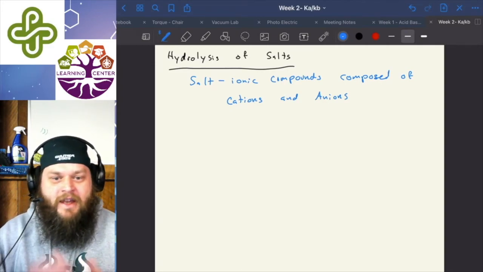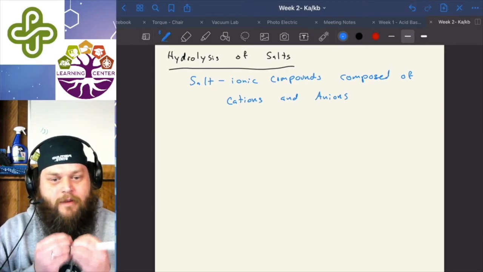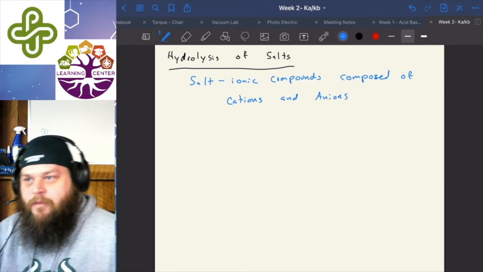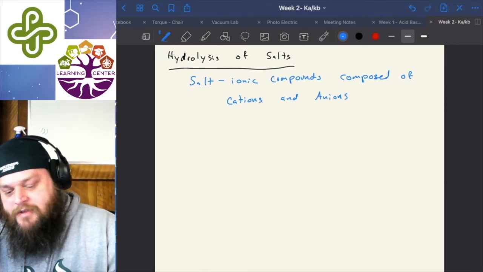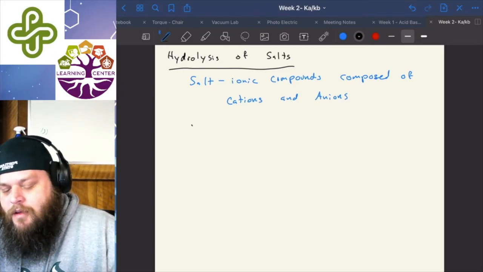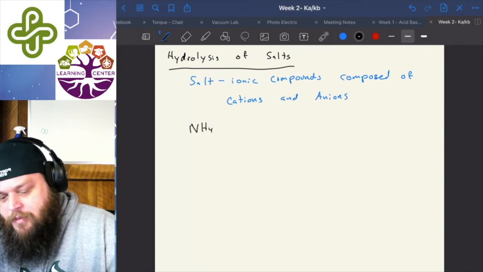But salts can be any two different types of ions bonded together, and a lot of these will completely dissociate in water. Another example is ammonium, NH4, bonded to chloride.